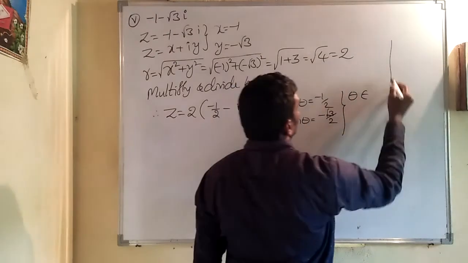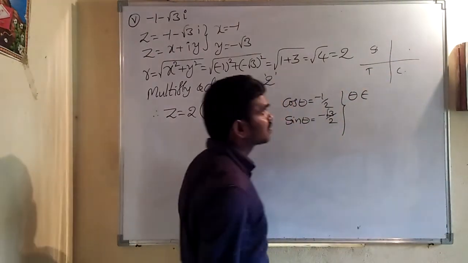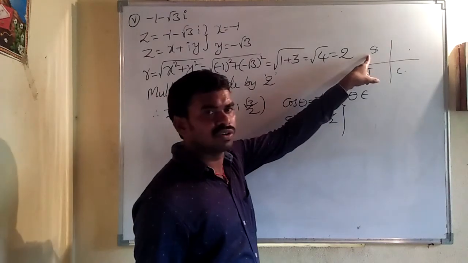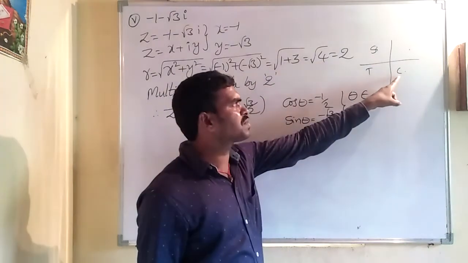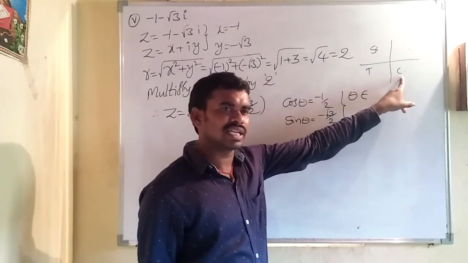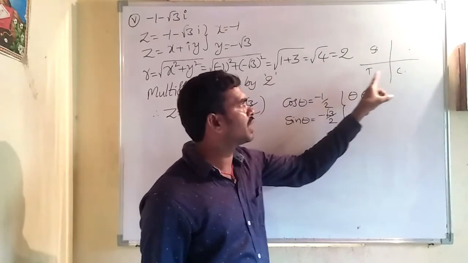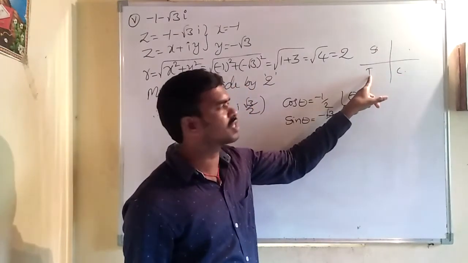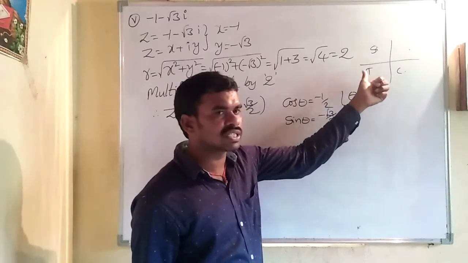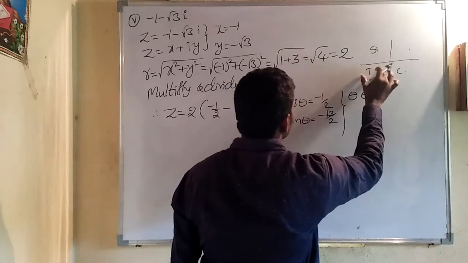In the all silver tea cups rule, in the first quadrant all are positive, and the remaining are negative. Cos positive, its reciprocal sec also positive, but sin negative. Here only tan and cot are positive, and sin, cos, sec, cosec are negative. So sin, cos negative belongs to the third quadrant.